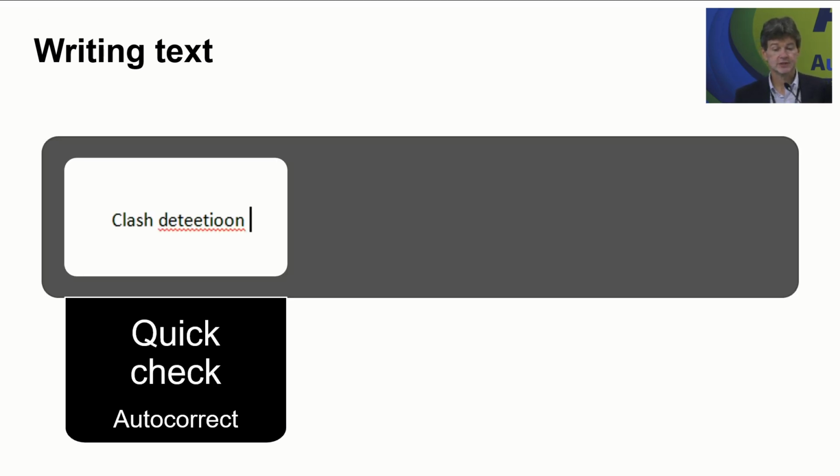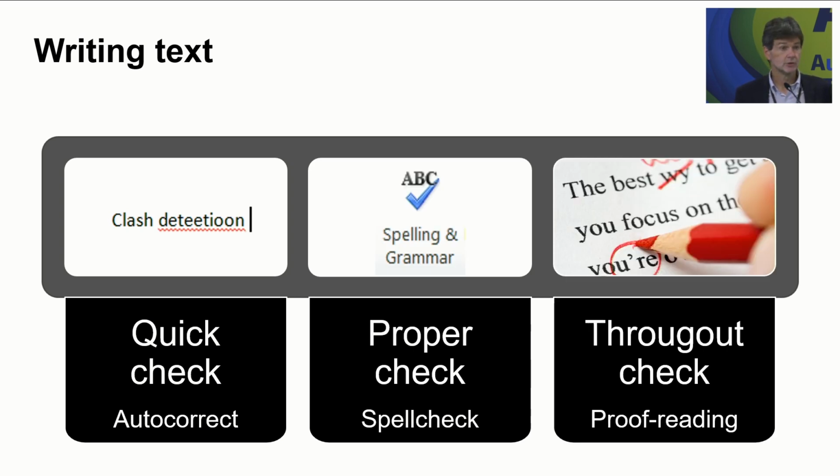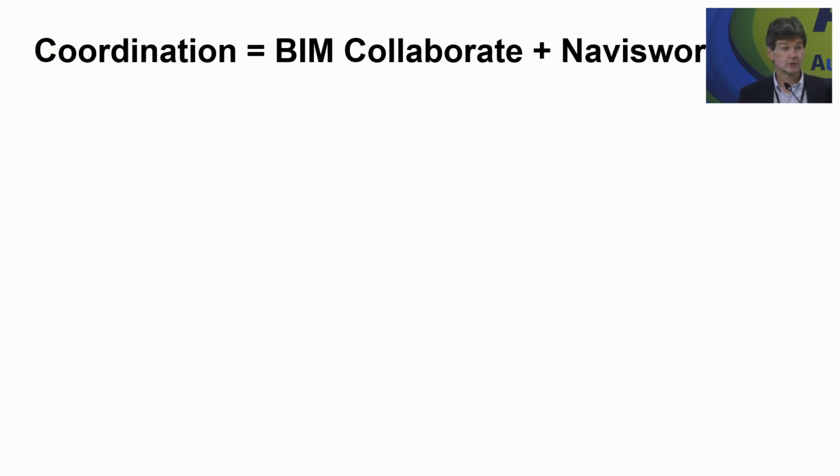You can use autocorrect, or you can use spell check, or at the end of the day, you can print it out and do proofreading. Similarly, you can think about our solution for clash detection, basically using BIM Collaborate and Navisworks together. I would call it a combo, because this is important.